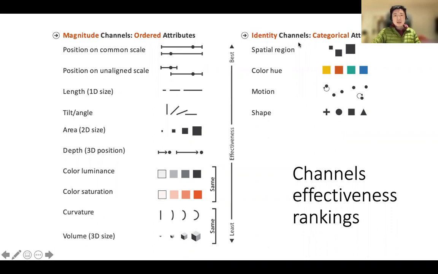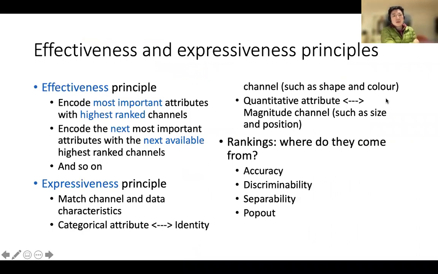Okay, and that is not even listed here. That means it's less effective than anything listed here. So any visual channels not listed here are worse than anything that is listed here. Okay, let's go to the next.